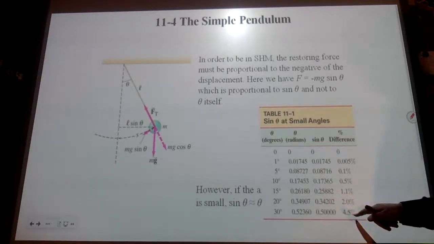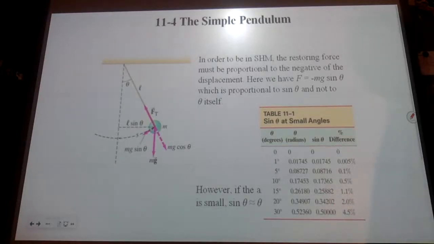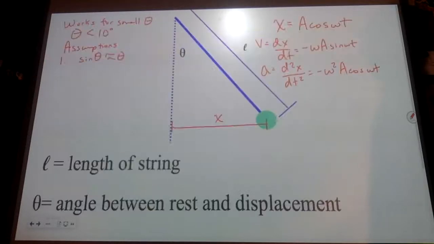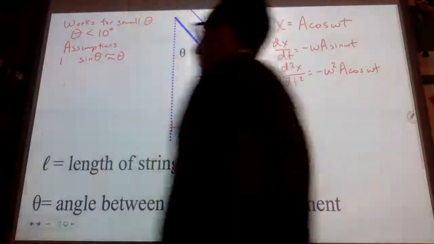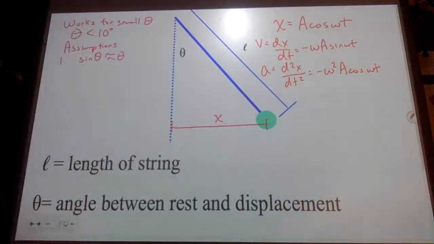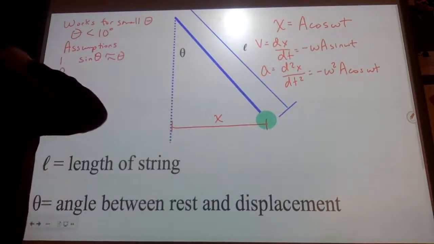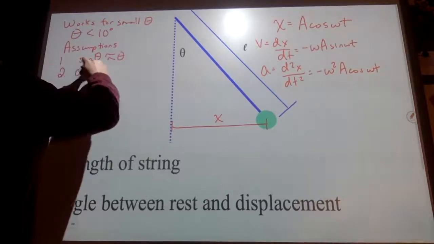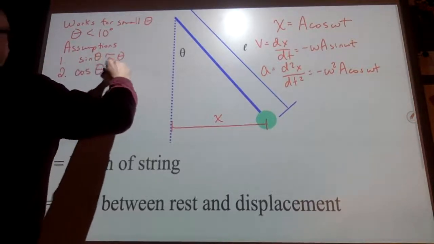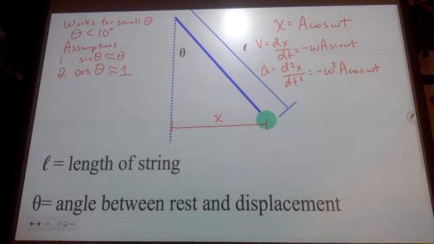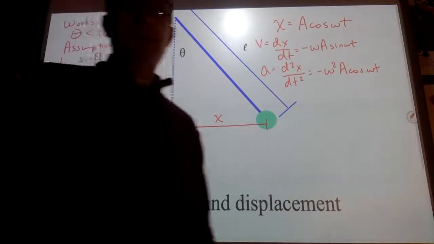So even up to 30 degrees, the difference is only 4.5%. And my second assumption is that my cosine of theta is essentially going to be 1. So it's very close to being 1.